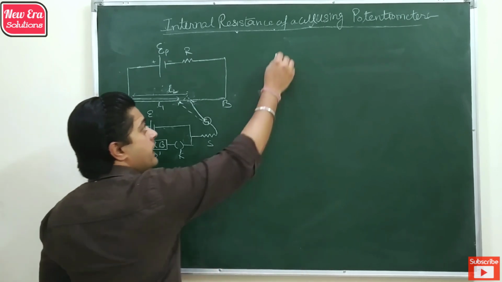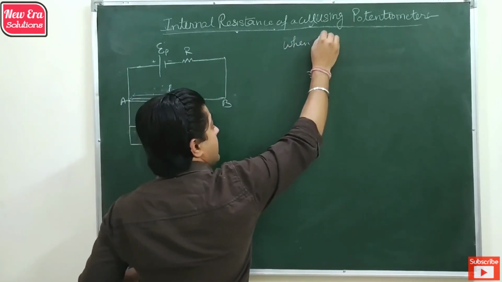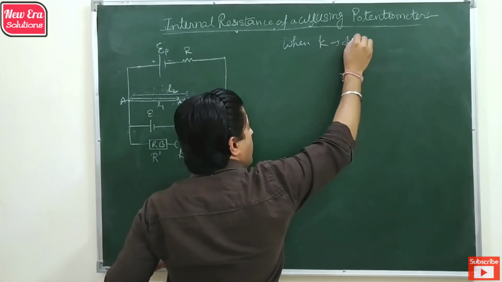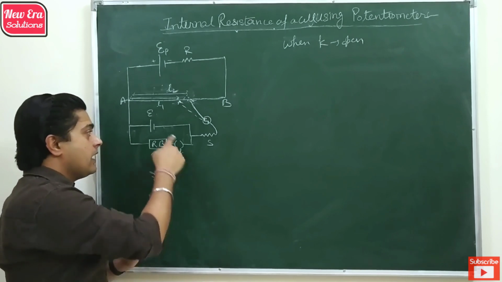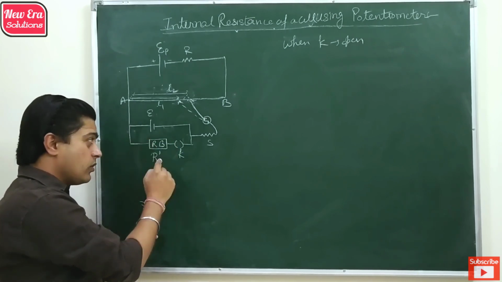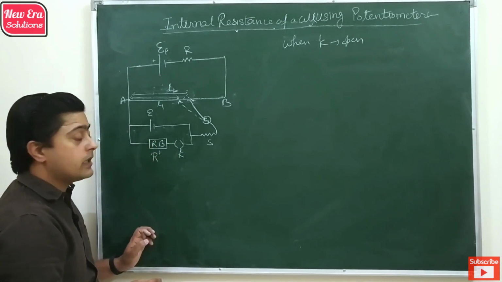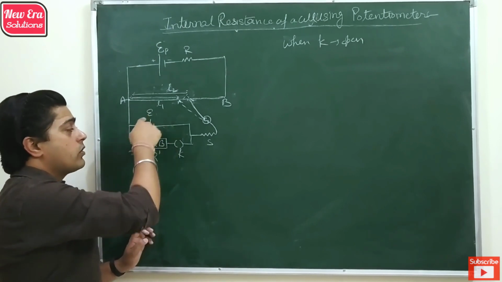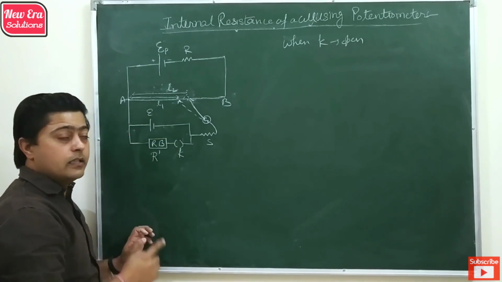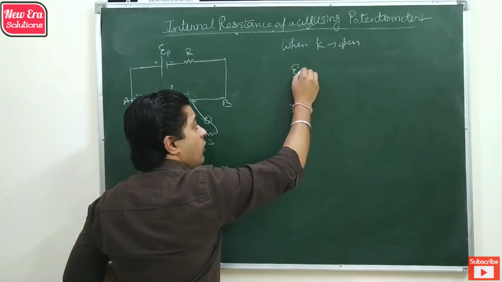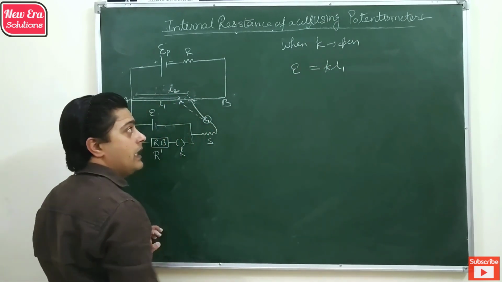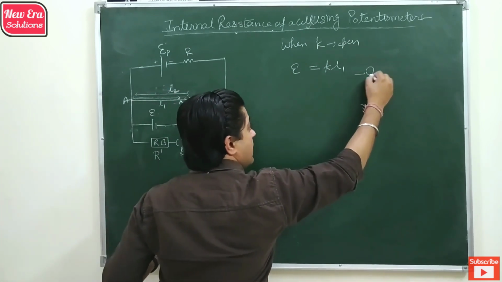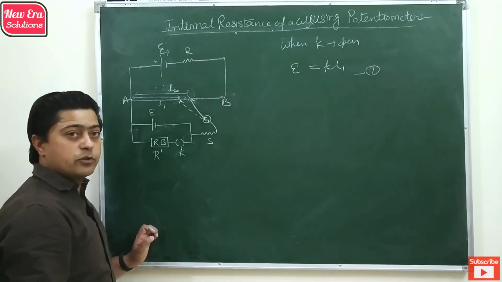Initially when key K is open, the external resistance is not participating in the circuit, so no current is drawn through the cell. Then the EMF of the cell is obtained at a balance length L1, which is KL1 according to the principle of potentiometer.